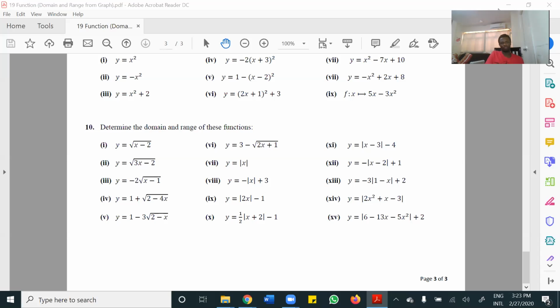It's not loud enough. Okay, can everybody mute their mic? Then you can talk after, because I can hear some background noise. So my question is, to get the value that is excluded from the domain, what is the best thing to do? Turn on your mic and answer the question.